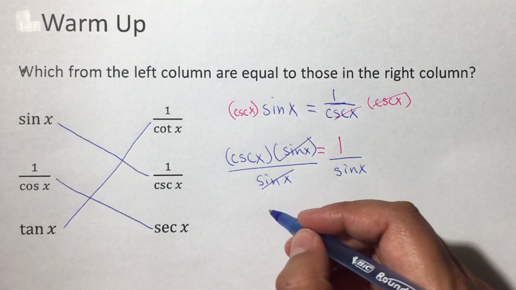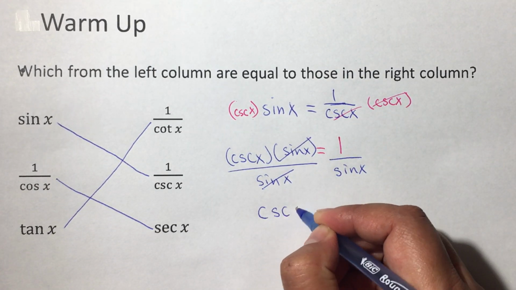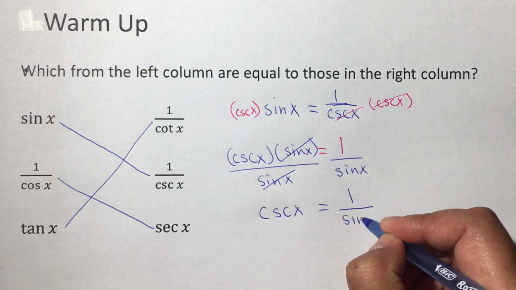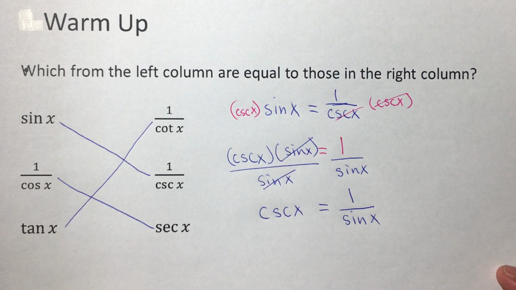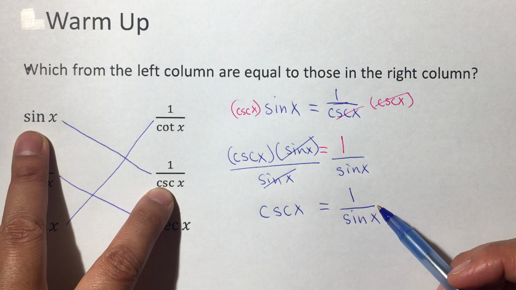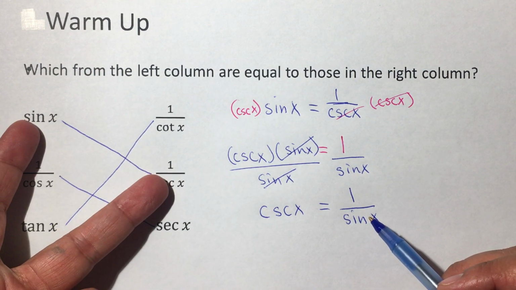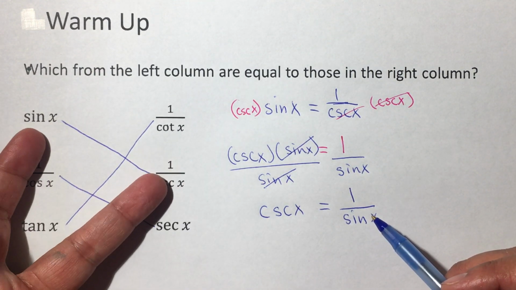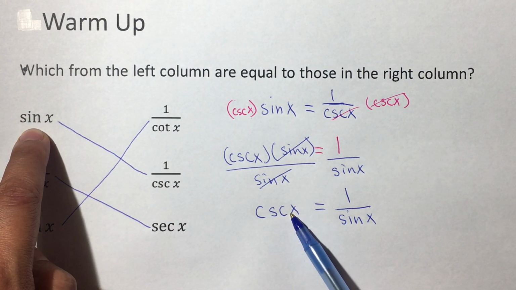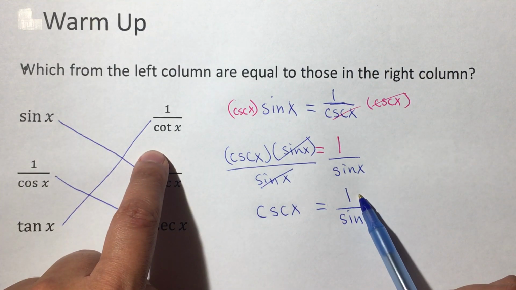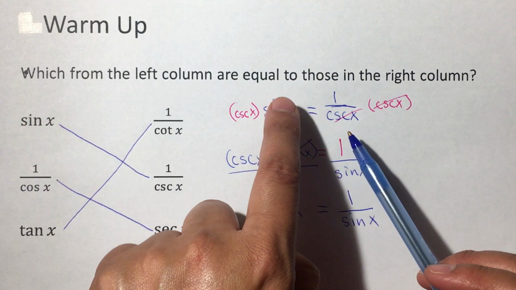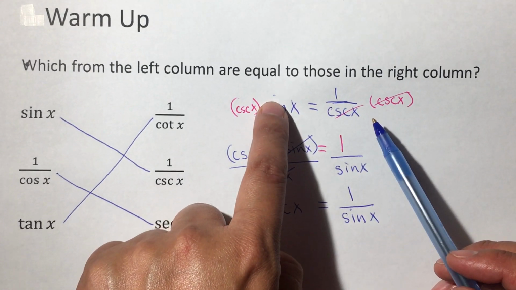This cancels, and now you have cosecant of x is equal to 1 divided by sine of x. Now I want you to notice that, since these are related, we can just swap their position and say that cosecant of x is equal to 1 over sine of x. You just switch that order, the sine in here and the cosecant in here.